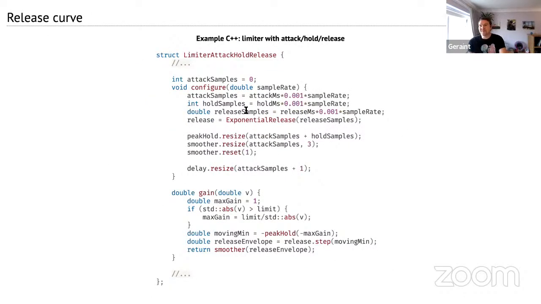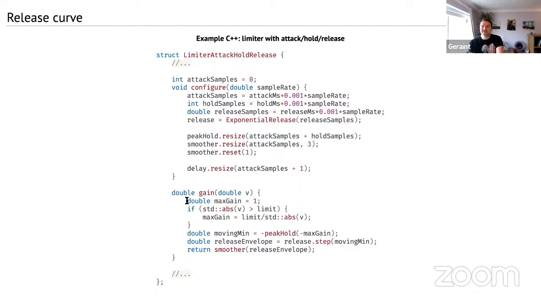After a while, this code stops being pretty, but basically we are still converting milliseconds to samples repeatedly. We're setting up our exponential releases. We're setting our peak hold to be not just attack samples, but attack and hold. So our moving minimum will extend beyond what we originally needed.